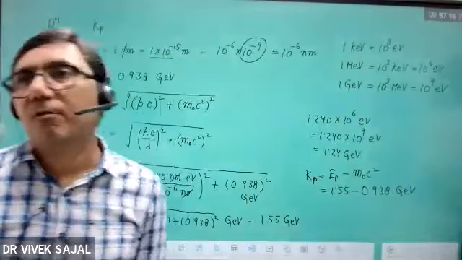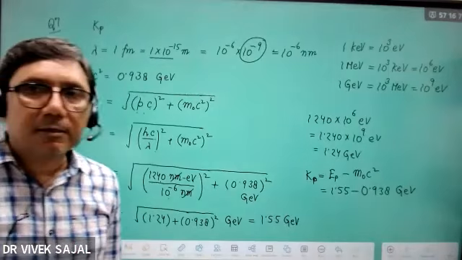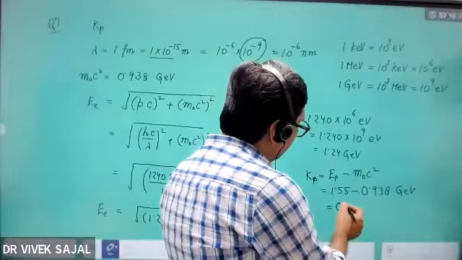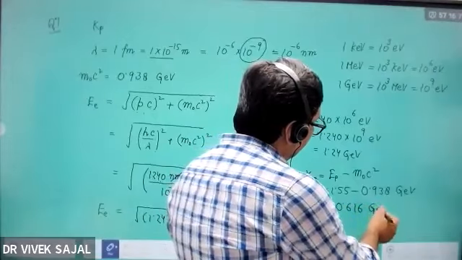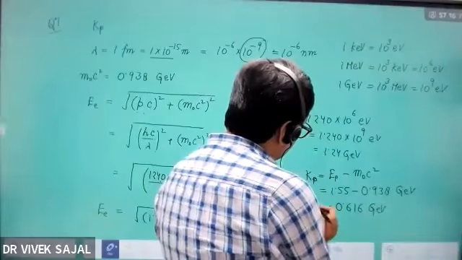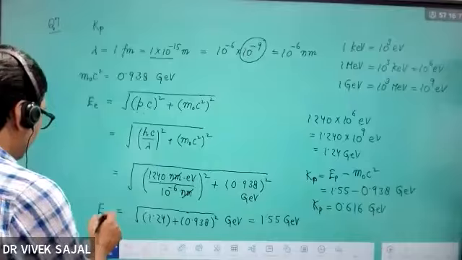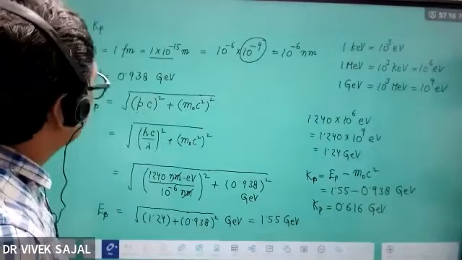In this way you can always find out the kinetic energy. It comes to 0.616 GeV. This will be your answer. This is for the proton.